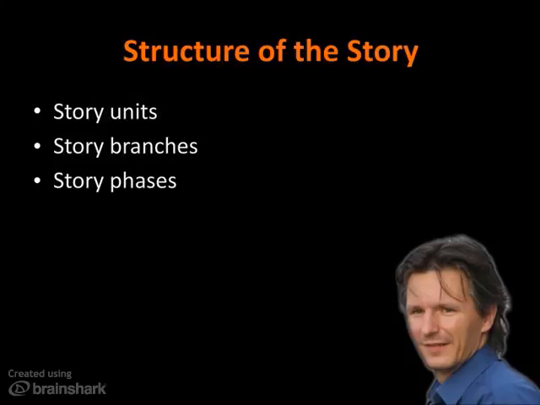To describe the structure for the story, different models like dividing units, branches, and phases can be used. Basically, there are different ways to divide a bigger story into smaller elements. You can use one of the models or combine them.